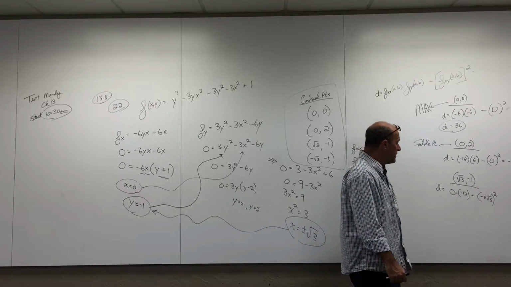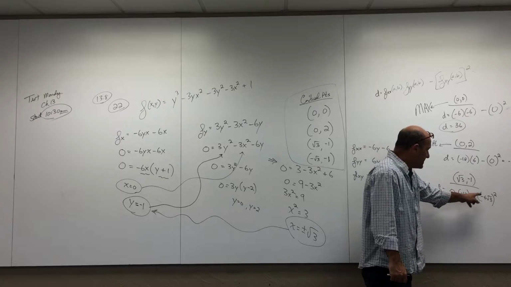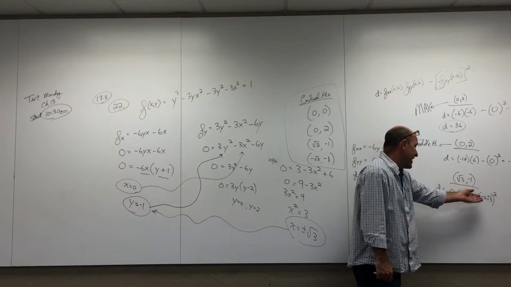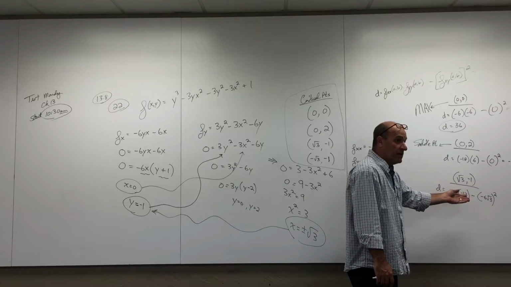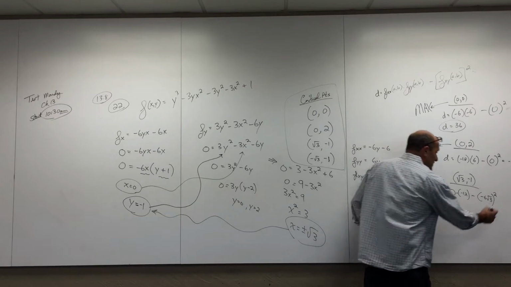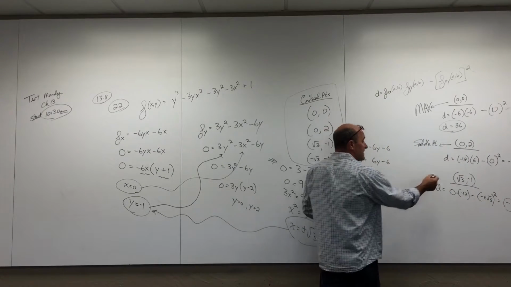Now hold on. This is a 0 minus this. This is going to be some positive number. So 0 minus some positive number, 108. Well, okay, but it's negative. And if it's negative, when the D is negative, it's a saddle point.